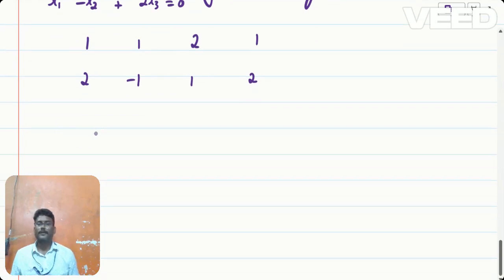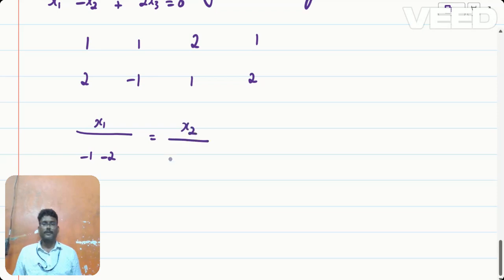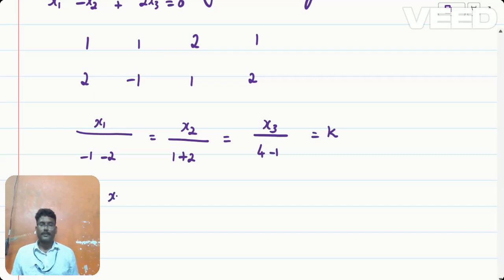So x1 divided by minus 1 minus 2 is equal to x2 divided by 1 plus 2 is equal to x3 divided by 2 minus 1 is equal to k. So x1 by minus 3 equals x2 by 3 equals x3 by 3 is equal to k.